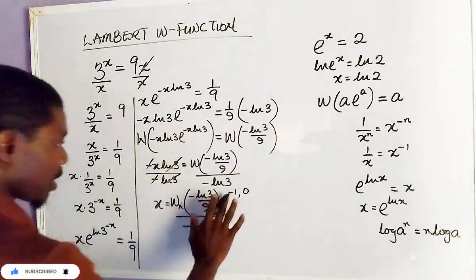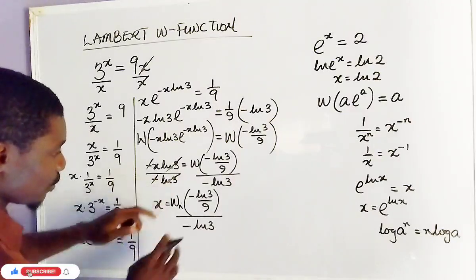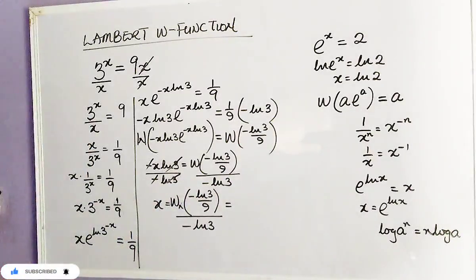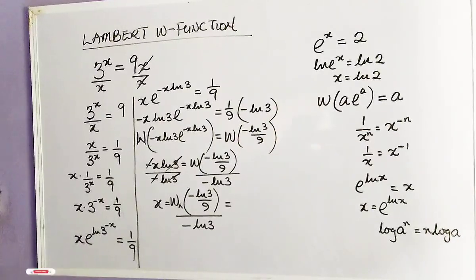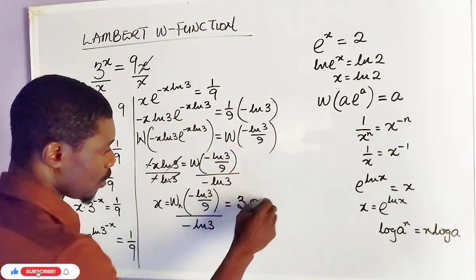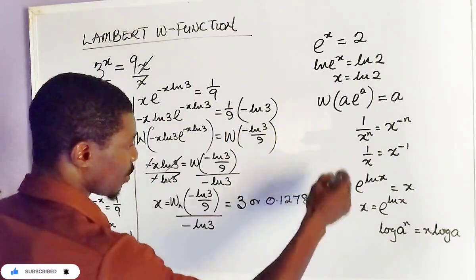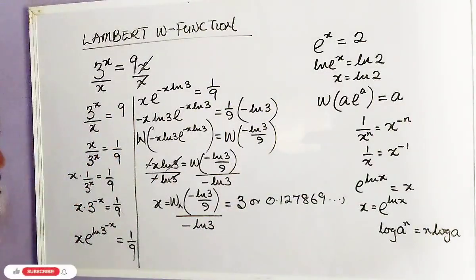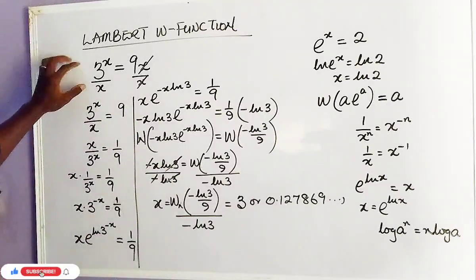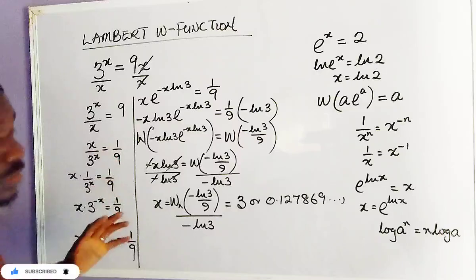So by calculator, if I find the Lambert W function of this, we get the answer to be 3 or 0.127869 continuing. Okay, so this is the application of the Lambert W function when it comes to an exponential equation that you cannot solve using the algebraic method.